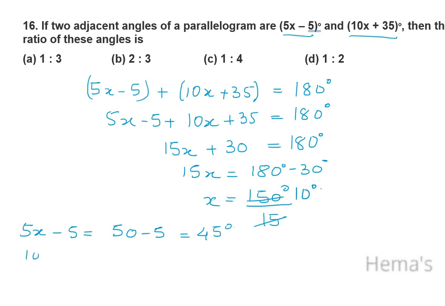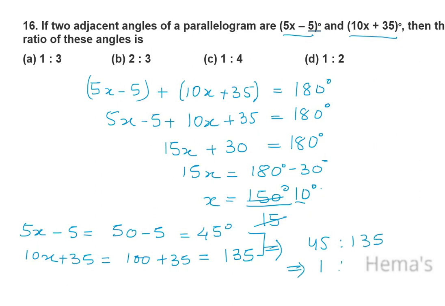And 10x plus 35 is equal to 10 into 10 will give you 100 plus 35, which is equal to 135 degrees. Now the ratio is asked. Therefore, ratio of these two angles will be 45 is to 135, that is 1 is to 3. Therefore, the correct option is A.